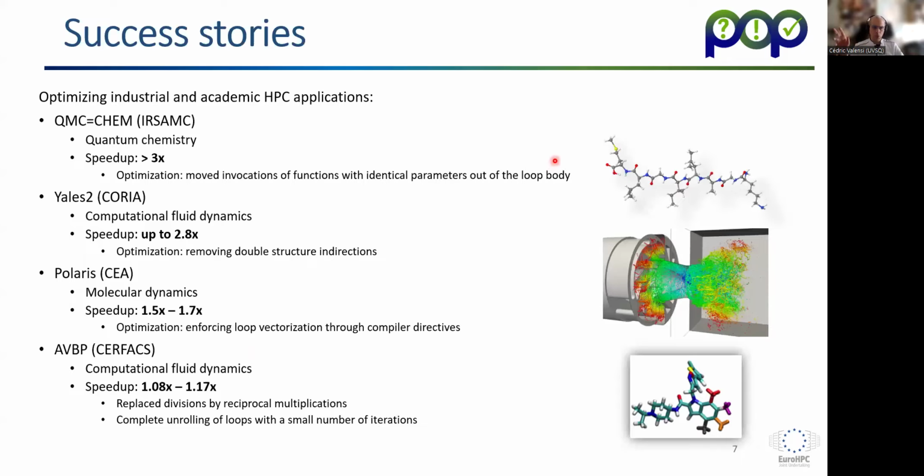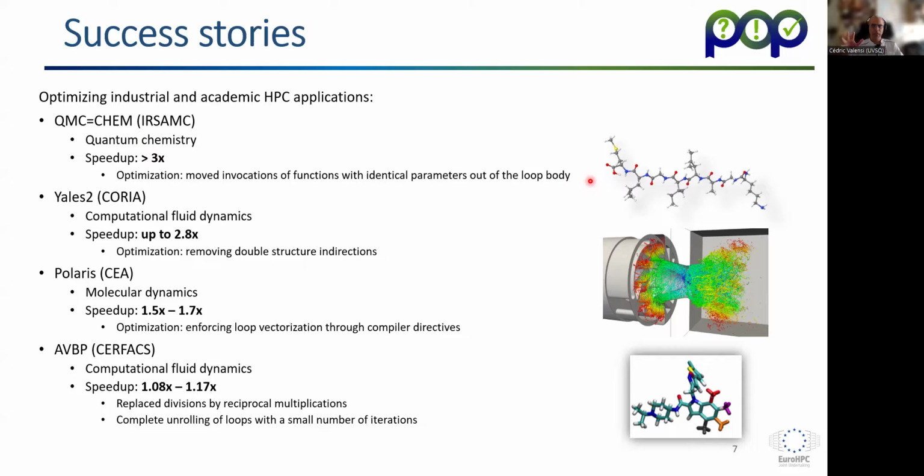So in addition to what I presented yesterday on how to actually use the MAQAO reports to identify some issues, here are a set of success stories on other applications that we had to analyze with MAQAO. What I want to stress here is the type of issues, which are a bit more complex than what I presented yesterday.